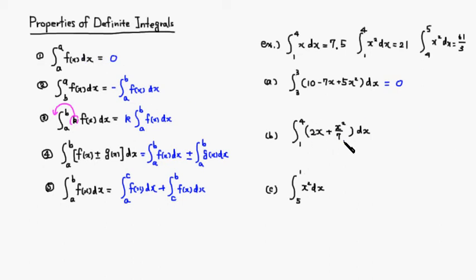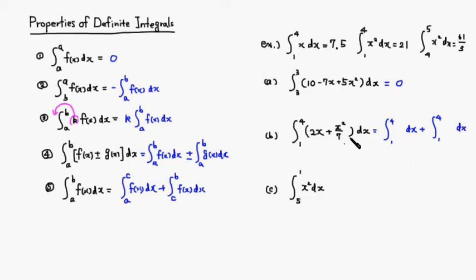All right, so for this one, since you have addition, we can split it into two integrals. So this is going to be the integral from 1 to 4 dx, plus another integral from 1 to 4 dx.